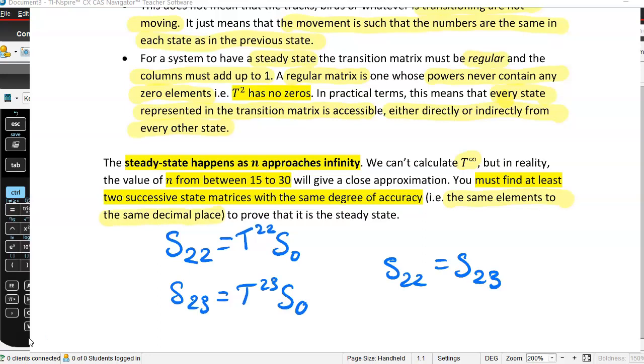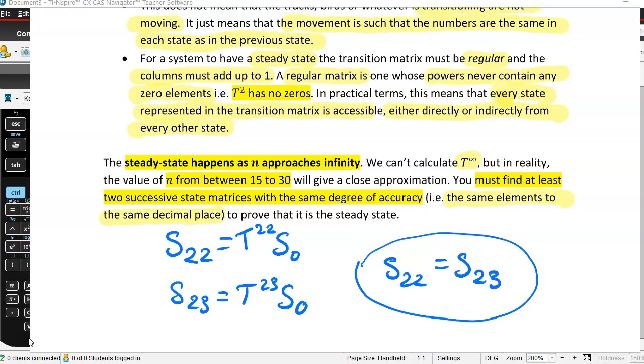So in this example, if we've got them to 2 decimal places, they are the same to 2 decimal places in S23, then we've found that steady state. We found it for whatever that is. So I'll say that again.